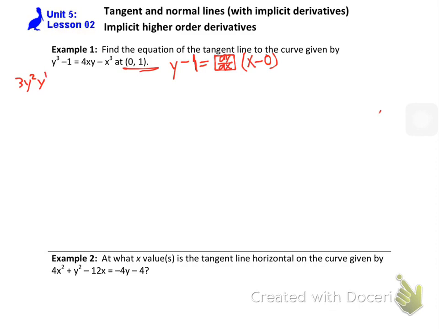The derivative of 1 is 0, so we'll put minus 0 there. And then we're going to have a product rule here, where this first x is going to be our f, and our g value is going to be our y. And so it's going to look like this.